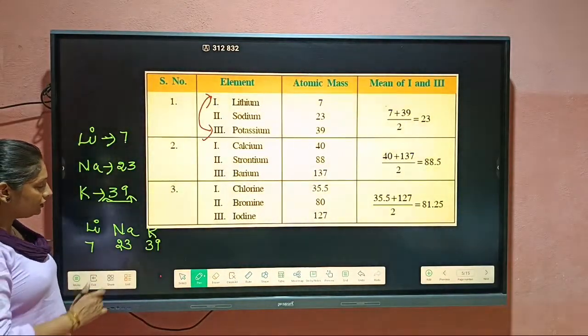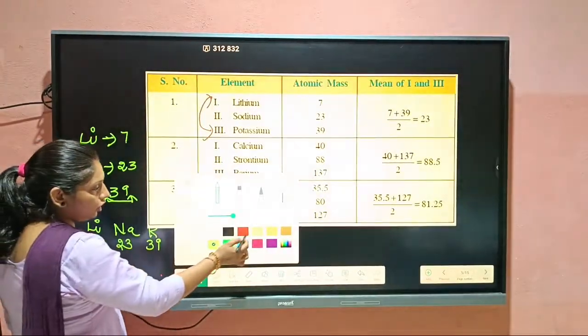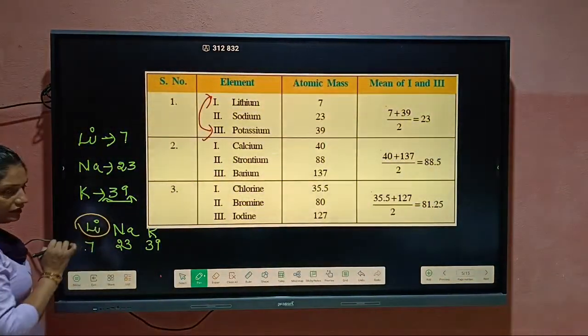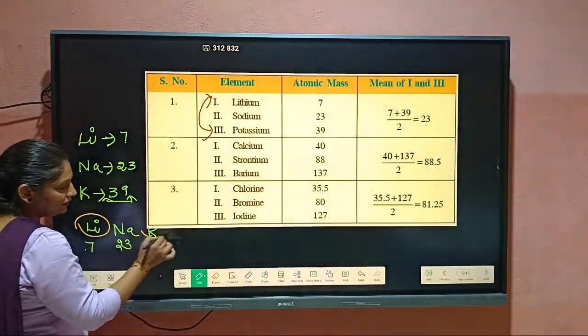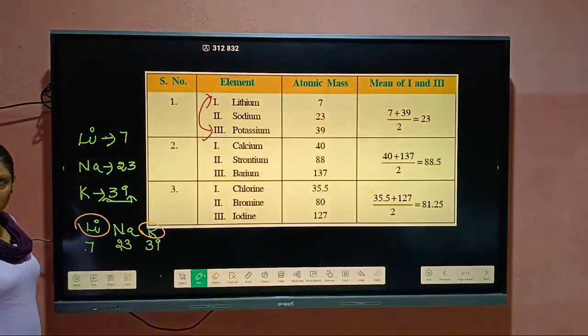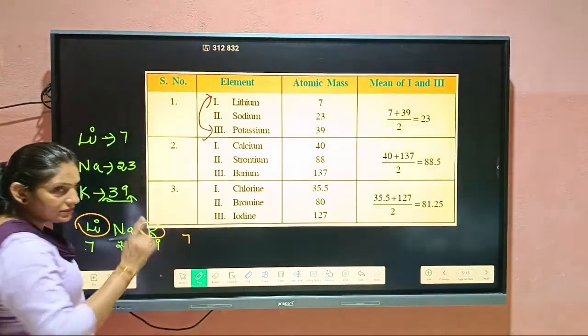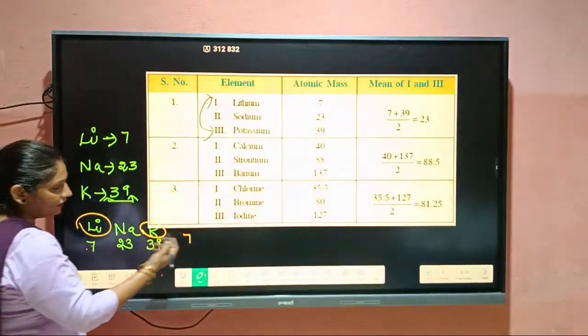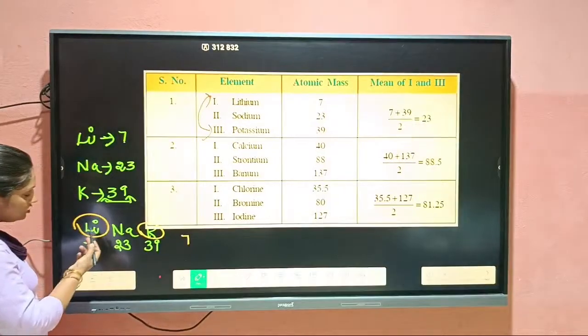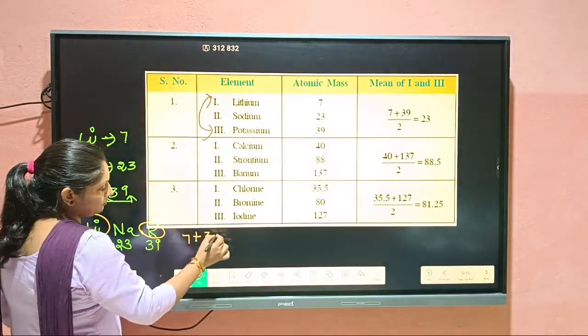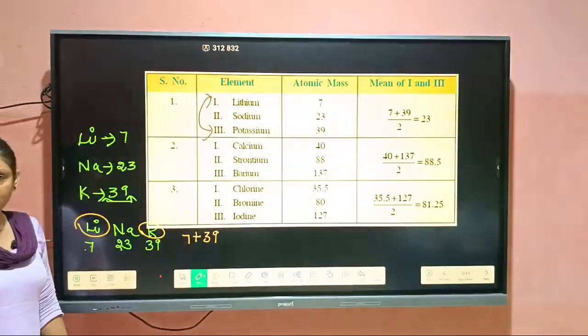According to Dobereiner, we take the arithmetic mean of the first and third element. Here the first element is lithium and the third element is potassium. So calculate the arithmetic mean of their masses: the mass of lithium is 7 and the mass of potassium is 39.